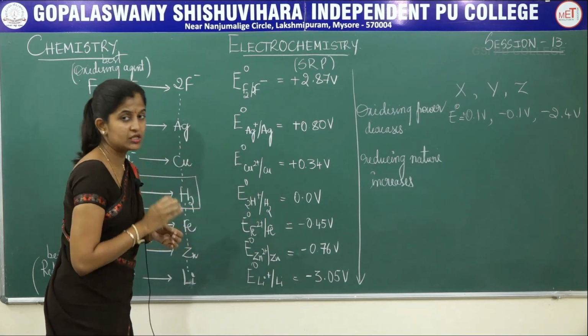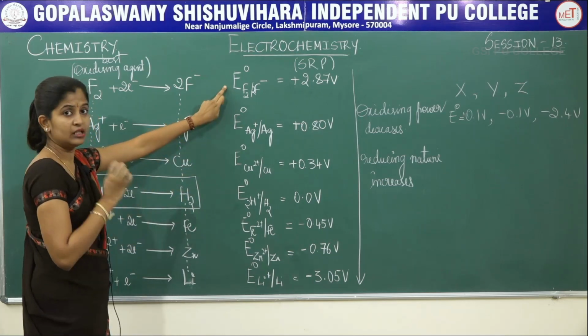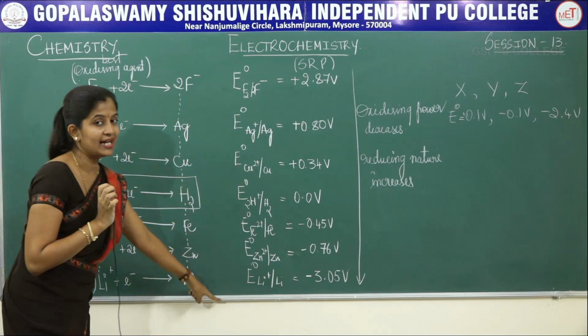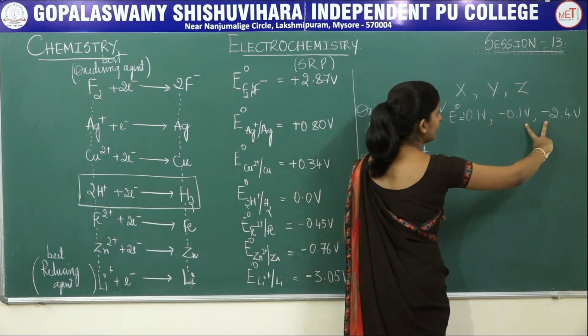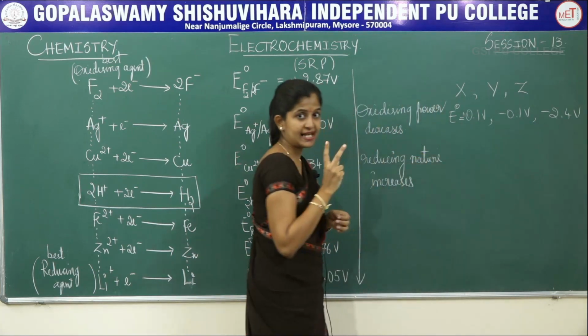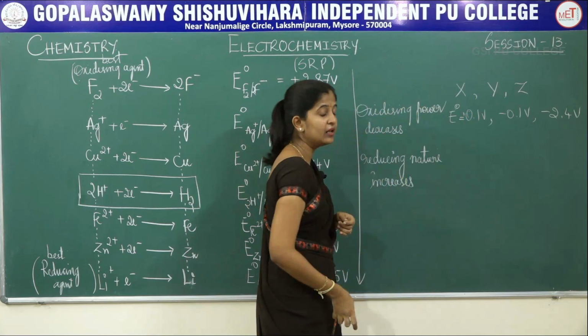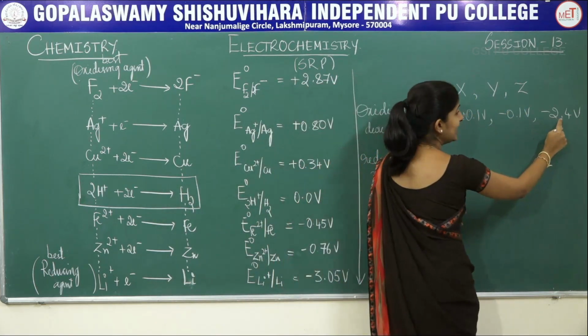The best oxidizing agent is the one whose standard reduction potential is highly positive. The best reducing agent is the one whose E0 value is highly negative. Of these three values, one is positive, two are negative. The best oxidizing agent is the one with positive value. So X will be your best oxidizing agent. The best reducing agent will be Z because its value is highly negative.